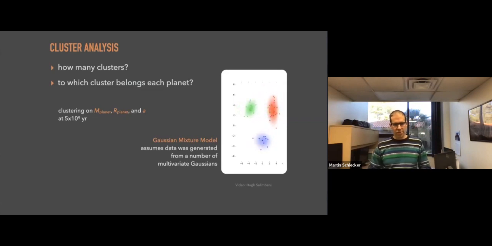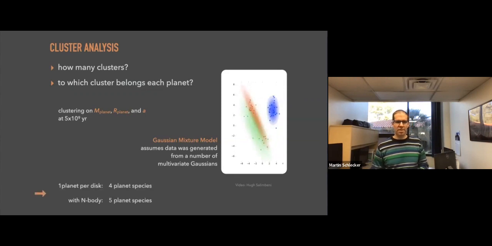It assumes that there are several groups in a parameter space, and the data points can be drawn from multivariate Gaussians, and tries to find which are the best fitting multivariate Gaussians to draw these different groups that are detected. And then you figure out which data point or which planet belongs to which cluster or group.